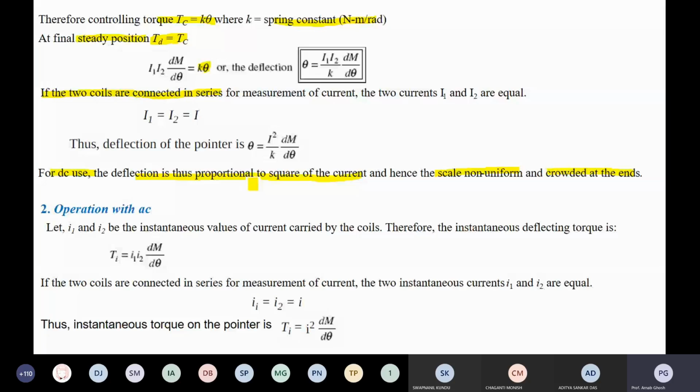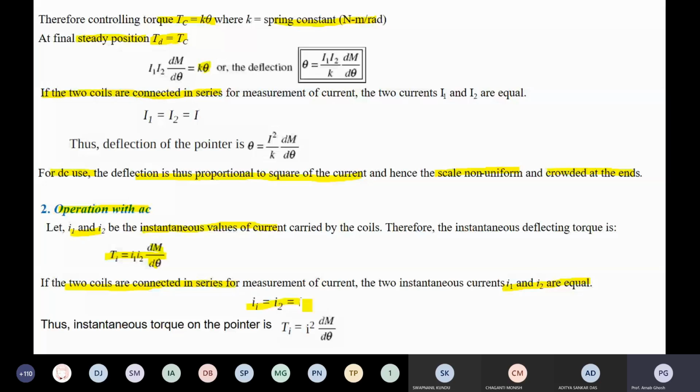Previously it was operated in DC, now it is operated in AC. So I1 and I2 both will be the instantaneous values of the current carried by the coils. Therefore, the instantaneous deflecting torque is Ti equals i1 i2 dM/dθ. If the two coils are connected in series, I1 and I2 will be equal, equal to i.